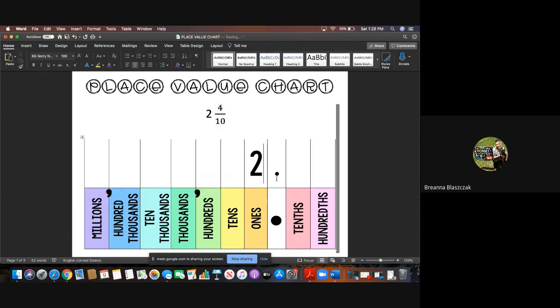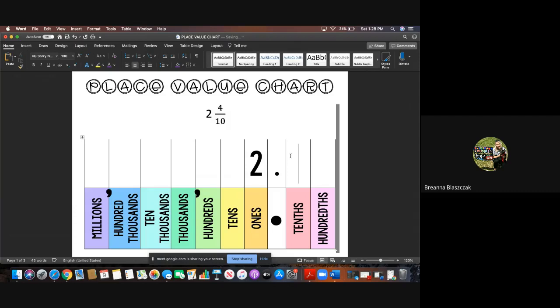And the decimal, when we're saying the decimal, we like to say it as "and," which is why we say 2 and 4/10. So 2.4, which we say as 2 and 4/10, is equivalent to our mixed number, 2 and 4/10.